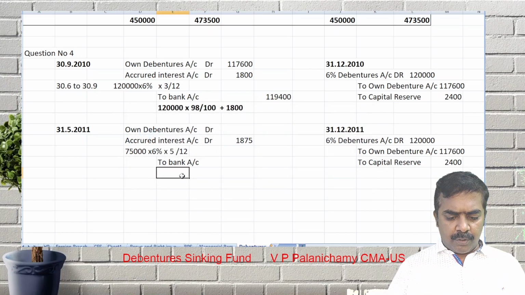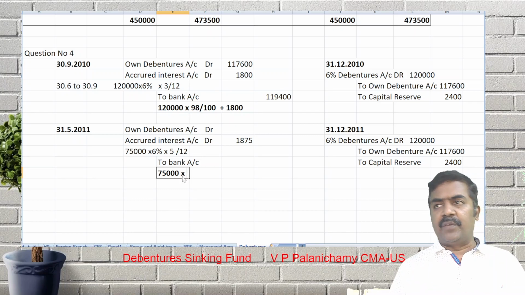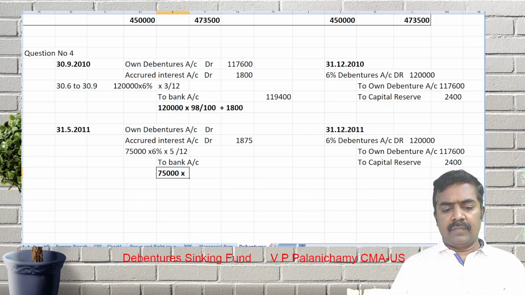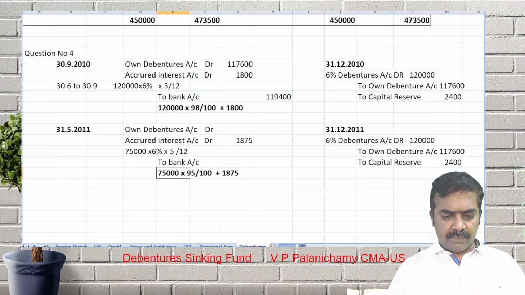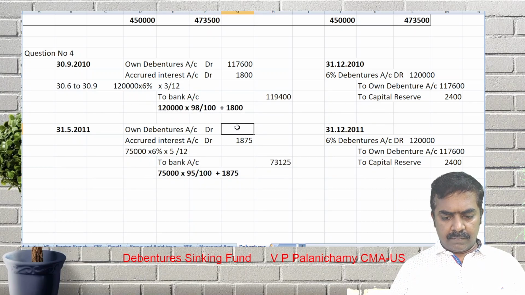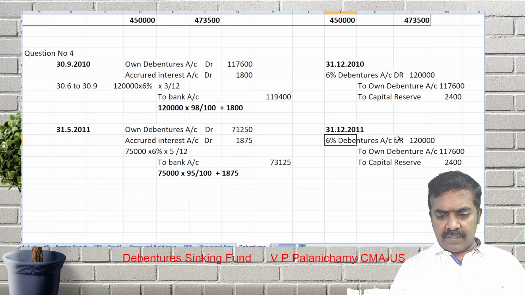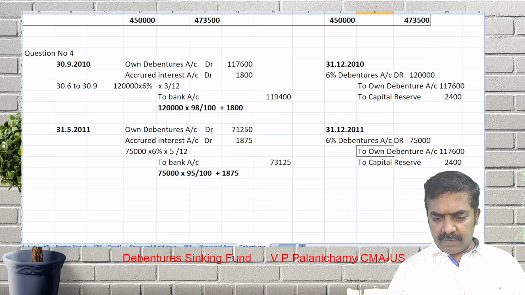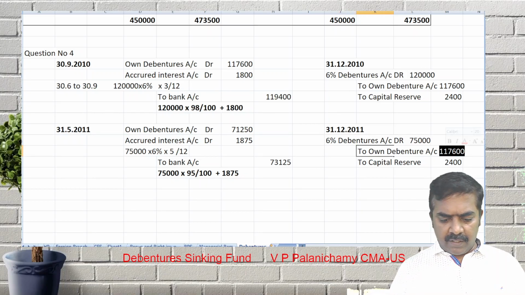To bank account, how much you have to pay? 75,000 into 95 by 100 plus 1875. So at the end of the year, let us cancel. Debentures account debit 75,000 to own debentures 71,250.